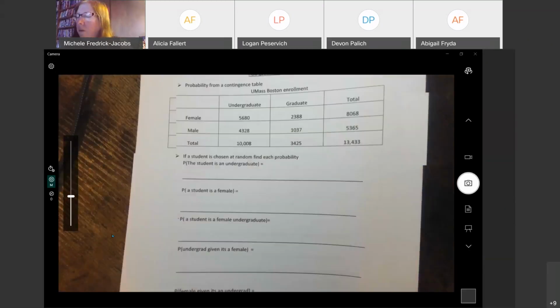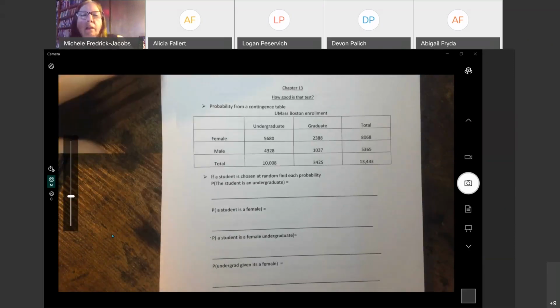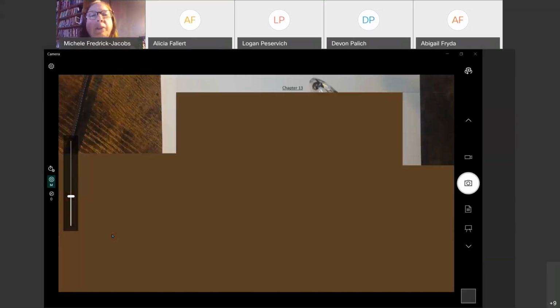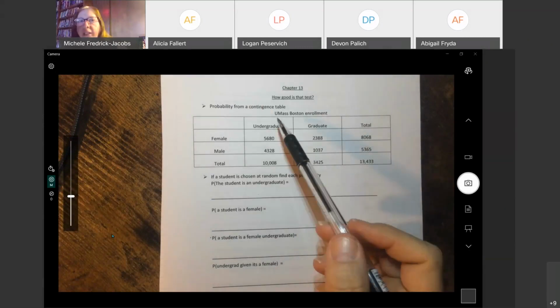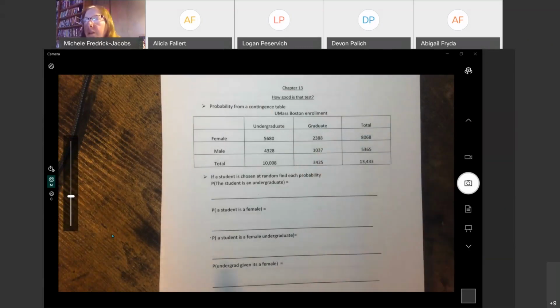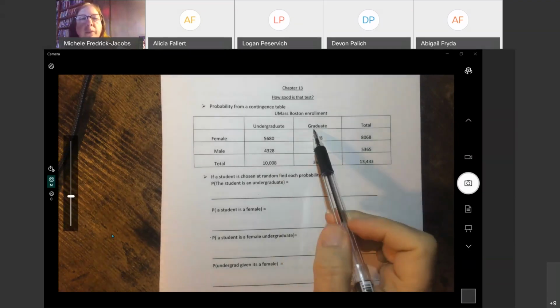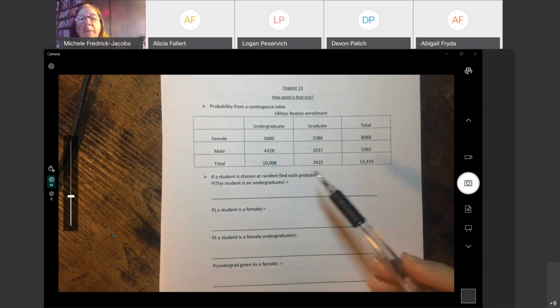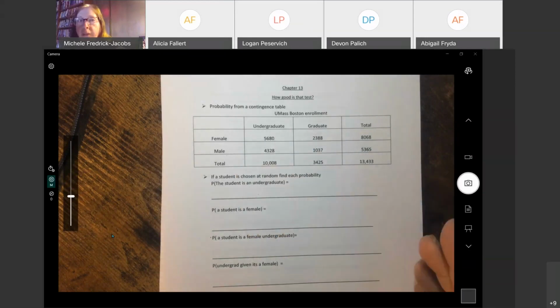If you looked on Blackboard already, there is this outline for chapter 13. Chapter 13 works with contingency tables and comparing the relationship between two things, for instance, undergraduate and graduate, and female and male. And so you can use a contingency table to see how the two different things relate.